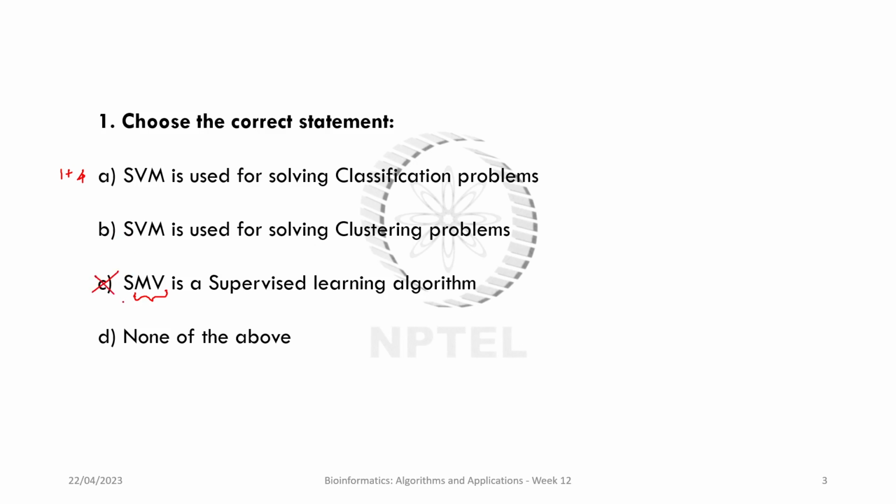So that removes C from the options and also none of the above. Amongst A and B, we know that SVM is used for solving classification problems and not clustering problems, because a support vector machine is a method to identify a hyperplane which separates two classes in an n-dimensional space, so it's definitely for classification and not for clustering. So you have option A as the right answer.